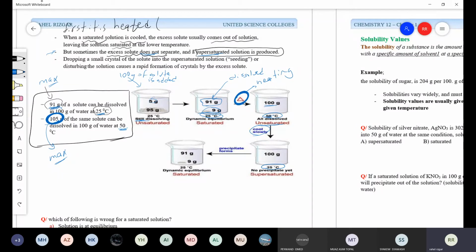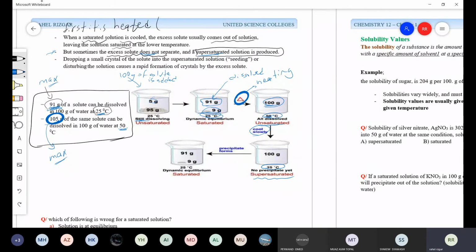To 25 Celsius. But at 25 Celsius, how much solute can be dissolved? Only 91 grams. But we have tricked the solution. First, we dissolved 100 grams by tricking it, by heating it. Now, when we cool it down, the excess solute will not come out. Then a solution will be formed, which is called a supersaturated solution.